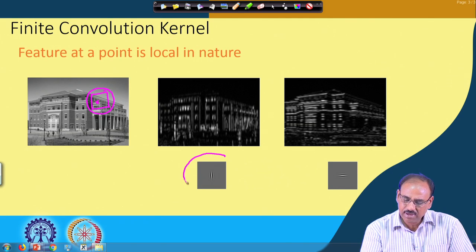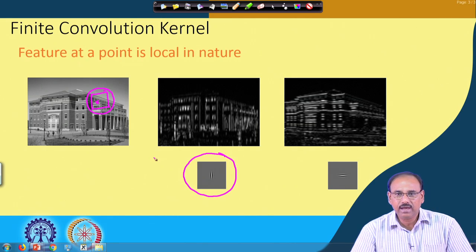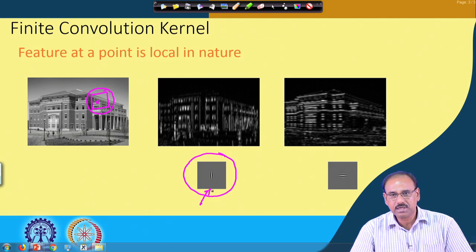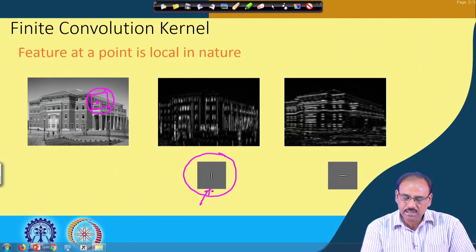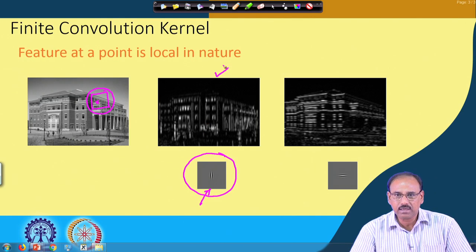If I have this finite convolution kernel, this kernel is slid over the entire image, and at every position on the image you do the convolution operation. This gives you a response to that particular region of the image to this system given by this impulse response. And you see that if you convolve this image with this convolution kernel, this is the output response that you get, which we said earlier is a feature map.